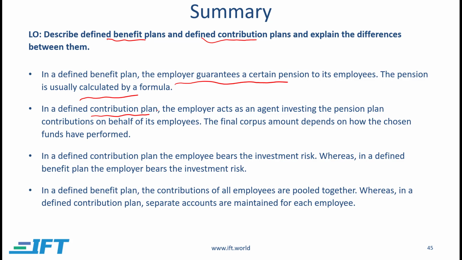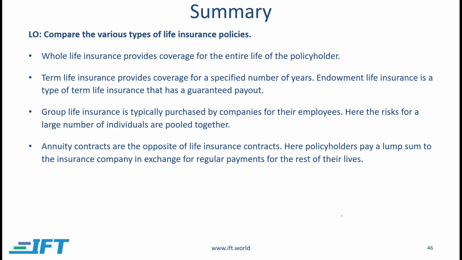What happens to that contribution is then the employee's choice, and that's why the employee bears the investment risk here, depending on whether they choose a low risk or a high risk investment. So in a defined benefit plan, since the employer is managing it, they will pool all the contributions together and manage it in a very nice way. In a defined contribution plan, since the employee is choosing what level of risk they want, you will of course have to maintain separate accounts for each employee.